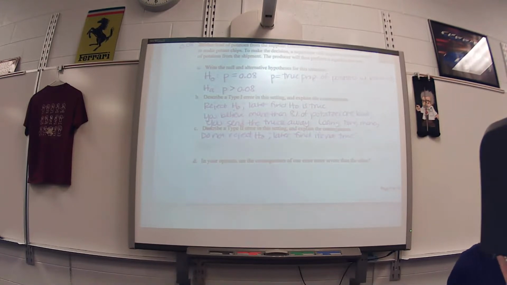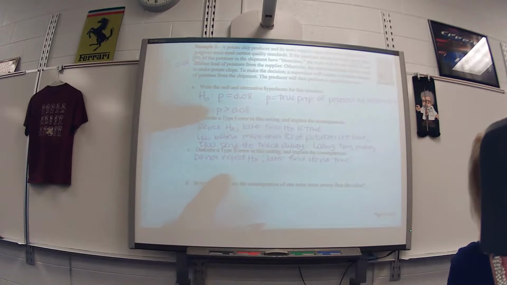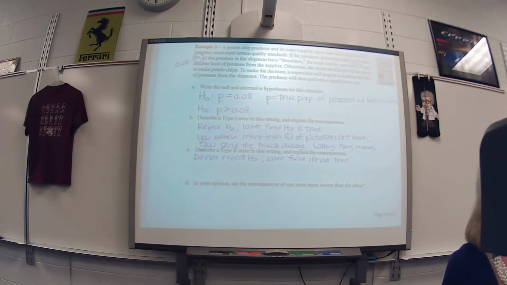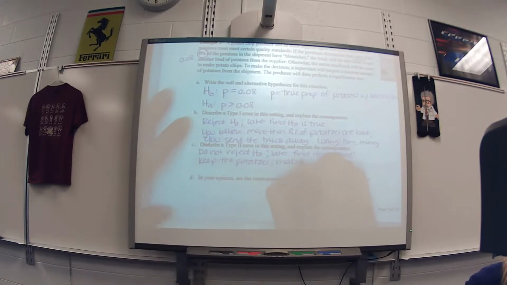So in other words, you don't reject this in favor of this. If you're not rejecting the null hypothesis, you're sticking with it. You're saying the status quo is good. So in this case, what you're going to do is keep the potatoes and make the chips.